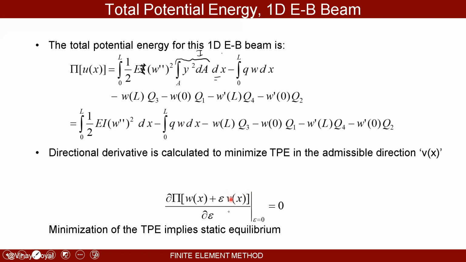I do that by putting a very small, infinitesimal scalar quantity epsilon multiplied by this arbitrary function, be it sine, cosine, whatever you want it to be. I want to take this directional derivative and set it to zero, and that will give me the equation that when solved for W minimizes pi.